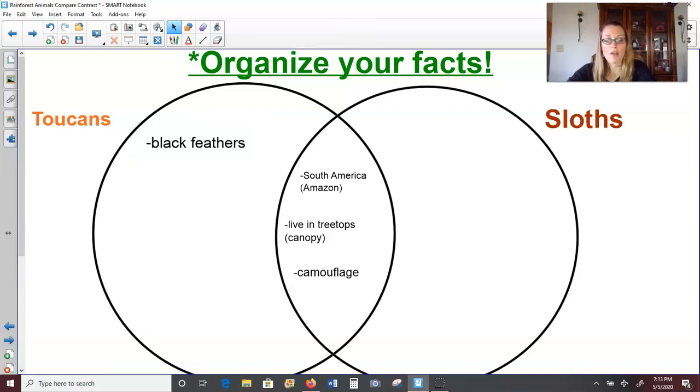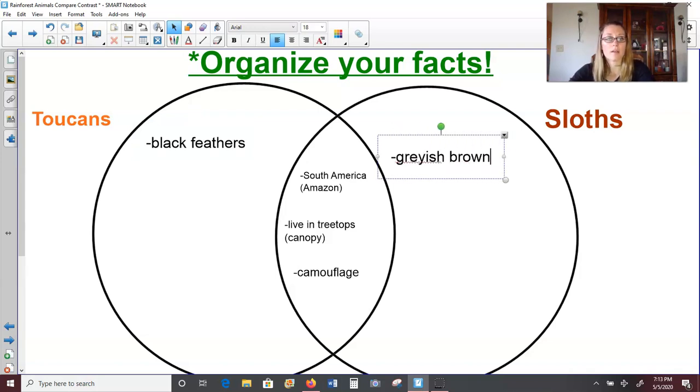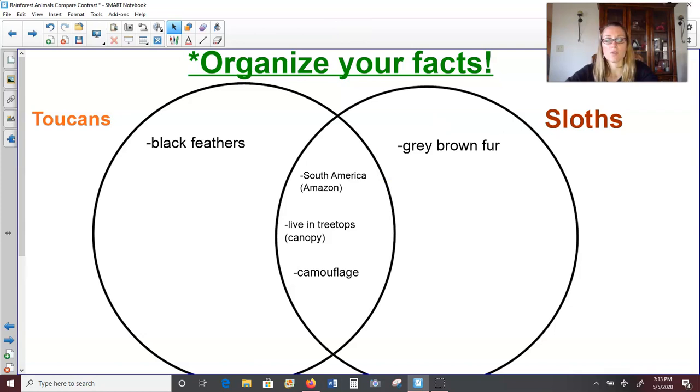Now, sloths are more of a grayish brown color, and they have fur instead of feathers. I guess grayish isn't quite a word, so we'll just say a gray-brown fur, whereas toucans have black feathers.